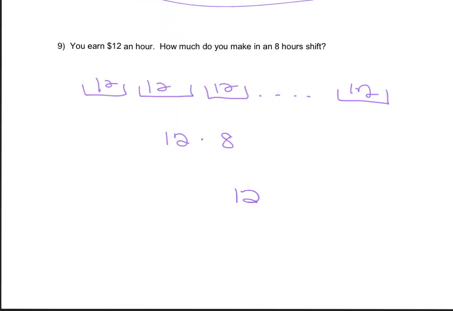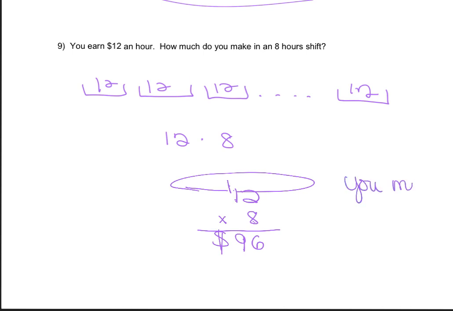But if I do 12 times 8, 8 times 2 is 16. I carry my 1, that addition bubble that we just talked about. 8 times 1 is 8, plus 1 is 9. So you make $96 per shift.